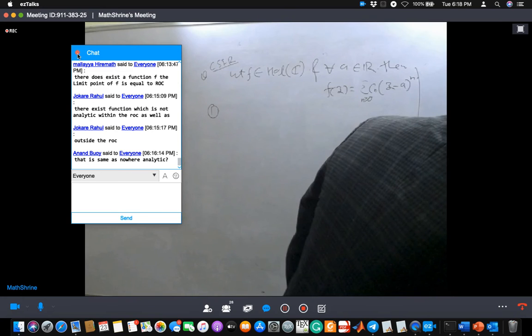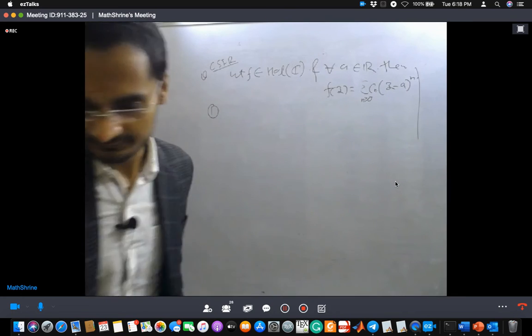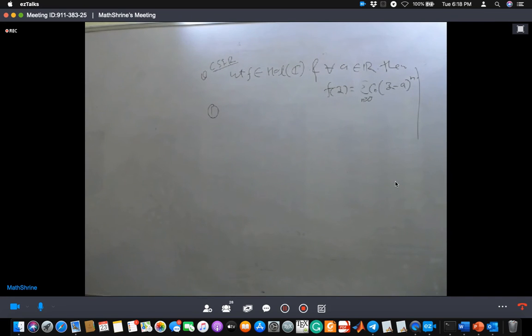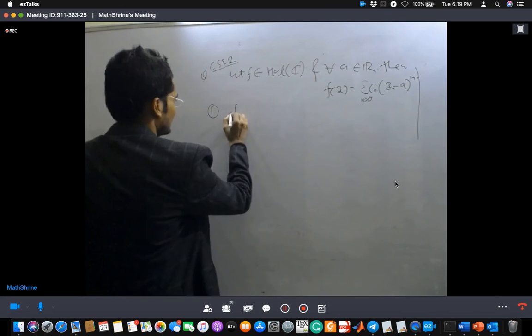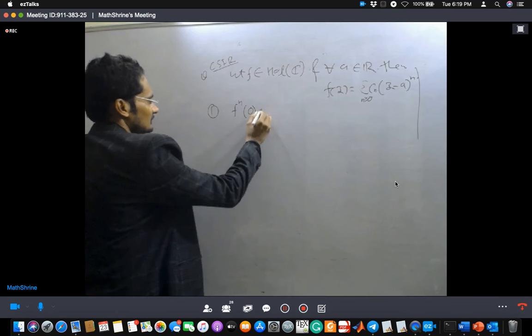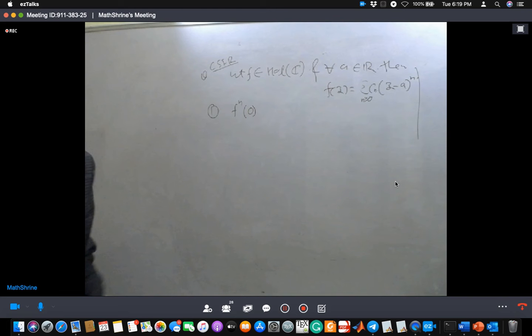So the first option is: the nth derivative of f is equal to 0 for infinitely many n.